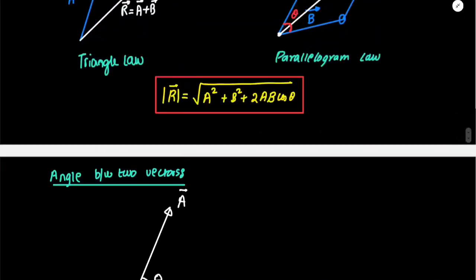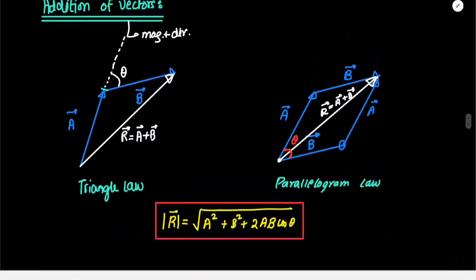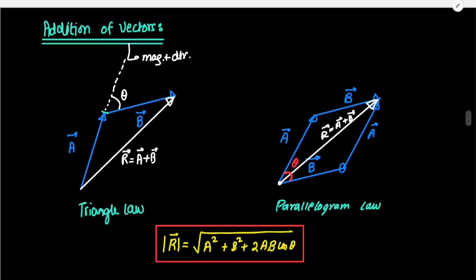Okay, so I think you are now familiar, if not comfortable, with the notion of addition of two vectors, and the addition of two vectors follows two laws. You can add them by using the triangle law, or you can add them by using the parallelogram law. The resultant vector will have a magnitude that will be given by this expression, and the direction of the resultant is obtained either by using the parallelogram law or by using the triangle law.